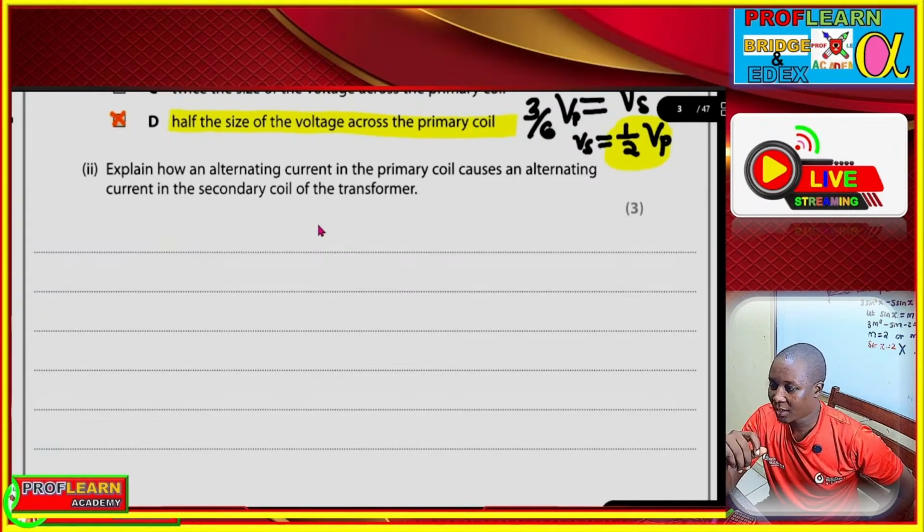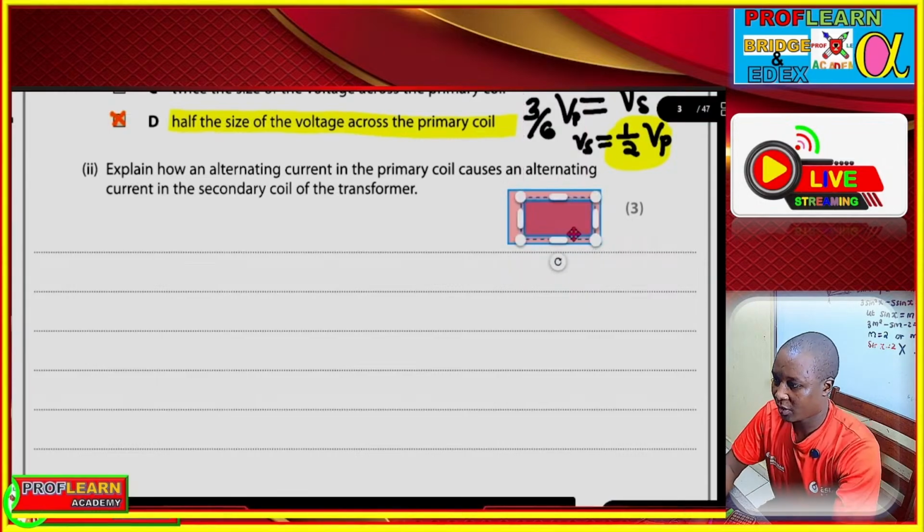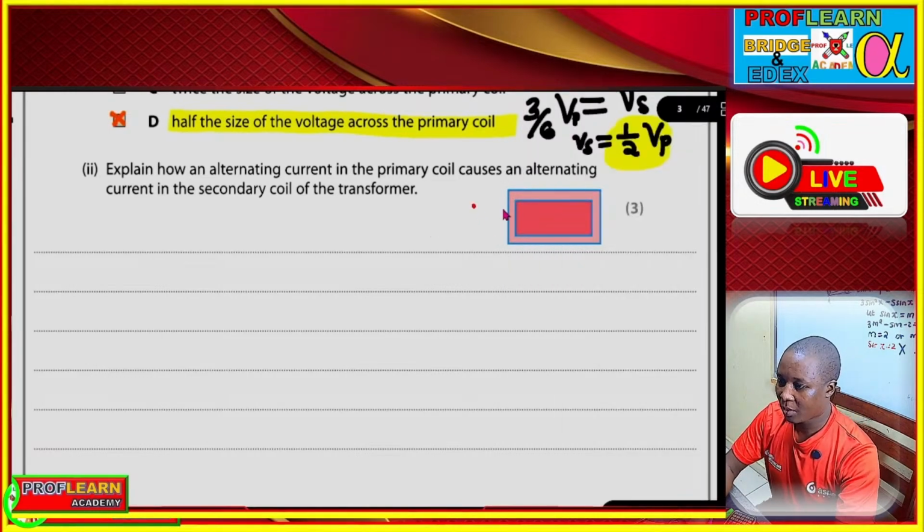So for a transformer to work, there must be some magnetic fields which are created. So when current flows through the primary coil, let me just draw a simple diagram of how a transformer works.